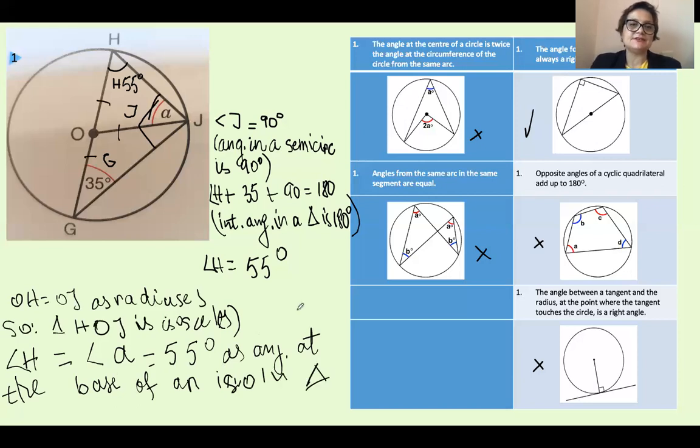So that angle here is equal to 55 degrees.